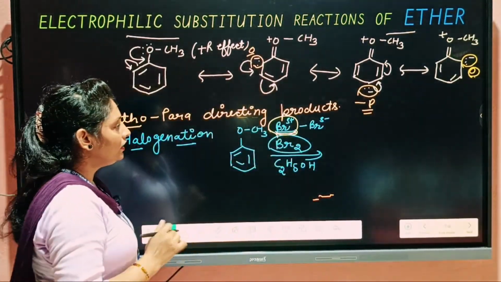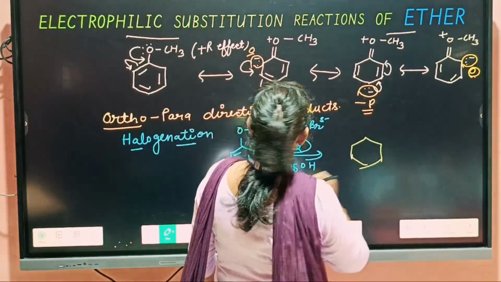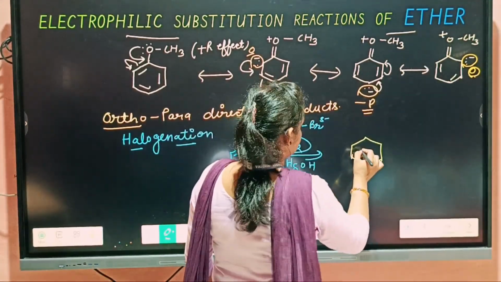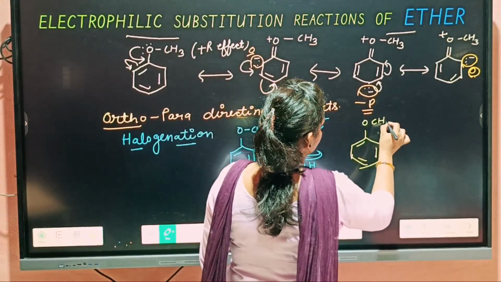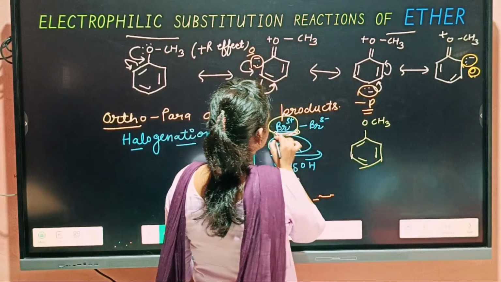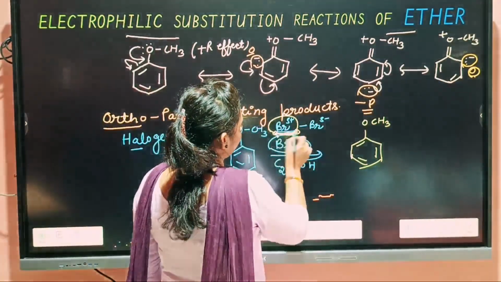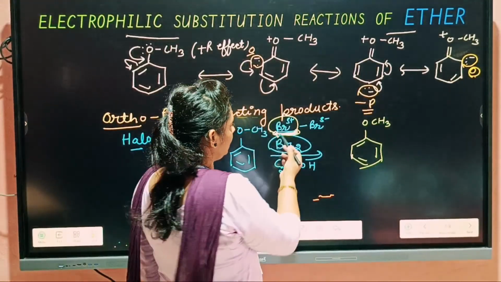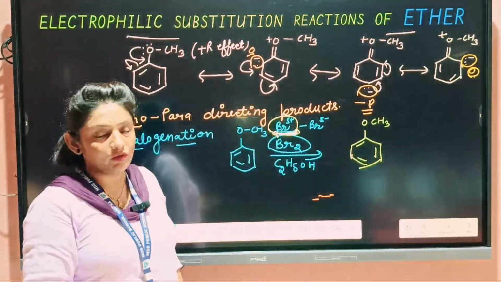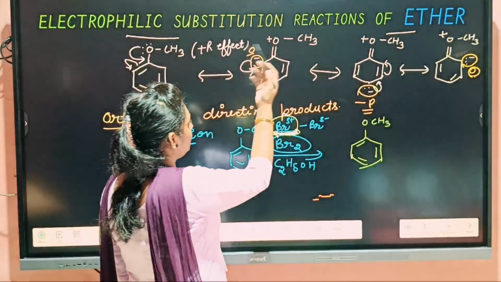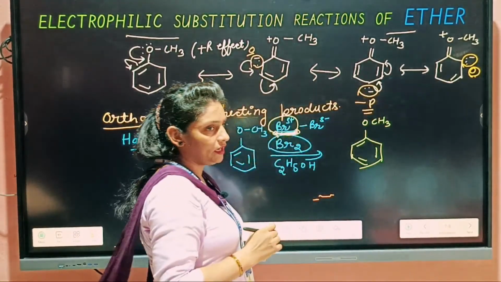So you will attach these electrophiles at the ortho and para positions, because here this bromine has positive charge. This bromonium ion has a tendency to gain electrons, and it can take electrons from where availability is, either at the ortho position or at the para position.